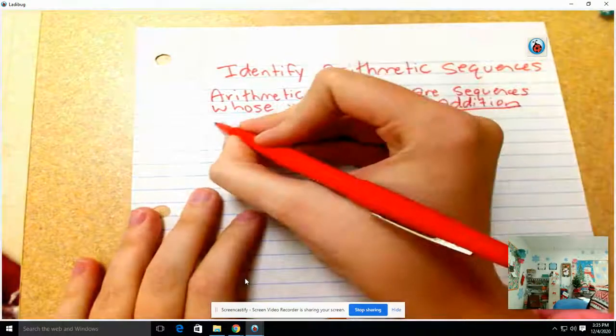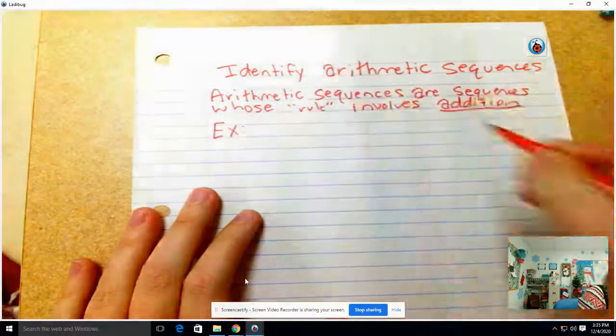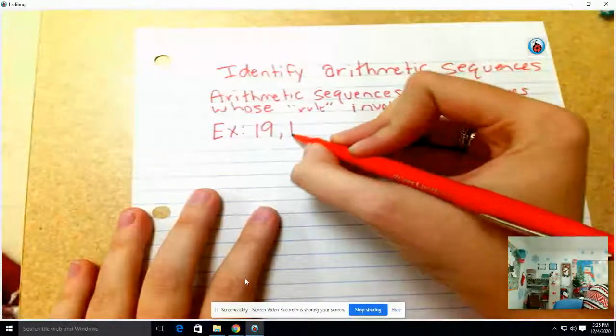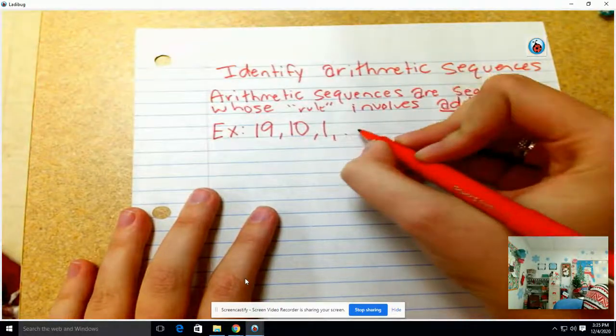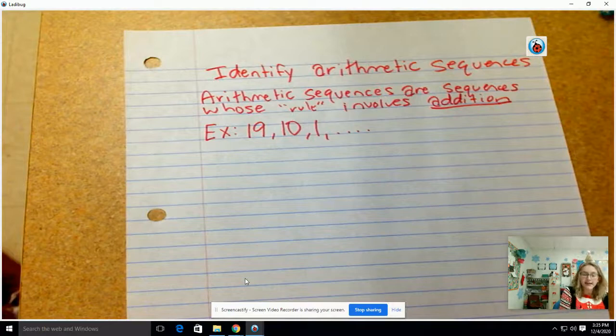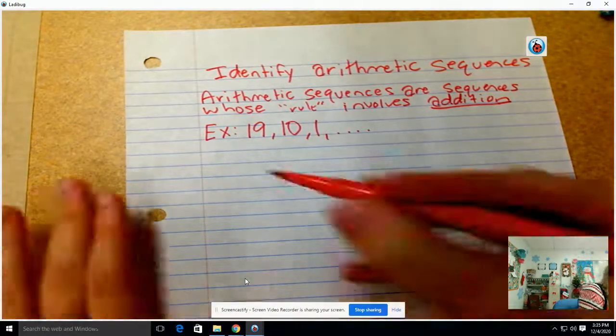So for example, if we are given the sequence 19, 10, 1, ... and I want to be able to tell if this is an arithmetic sequence, I need to see if it has a common difference.